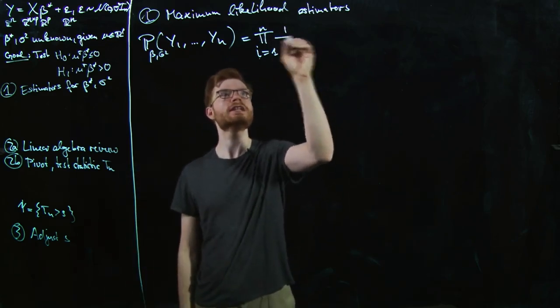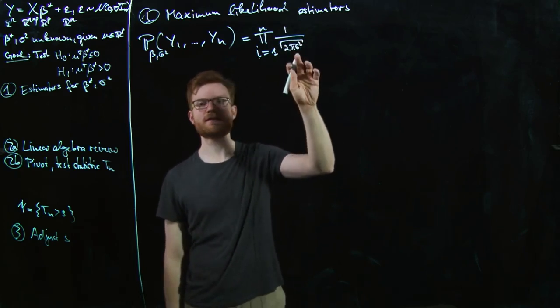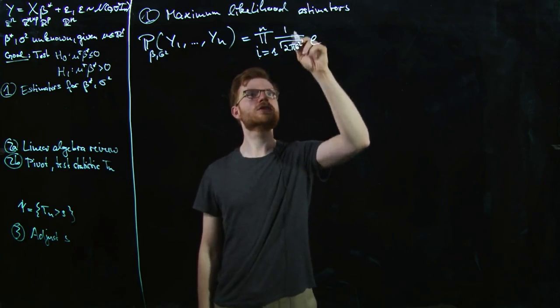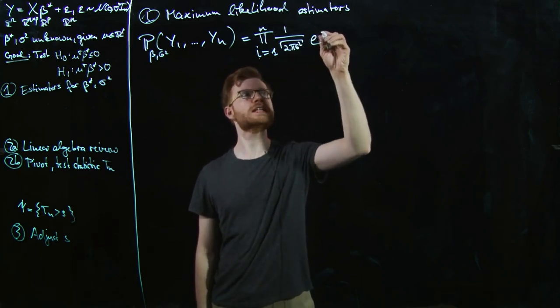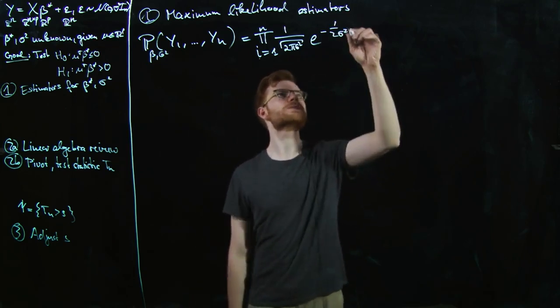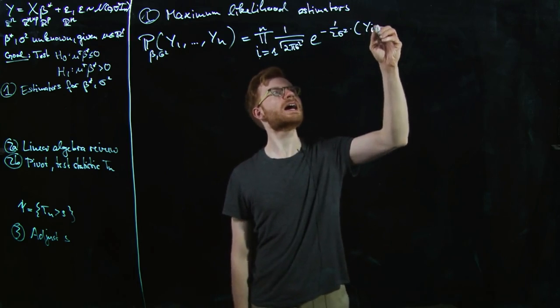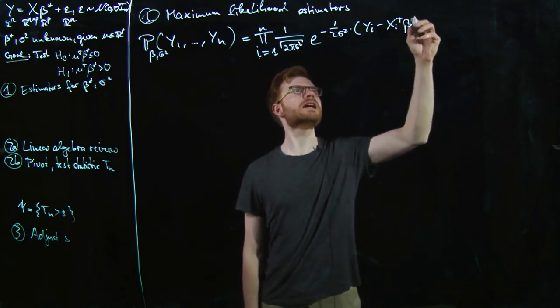So what we have here is the density of a normal distribution with variance sigma squared. So normalizing factor 1 over square root 2 pi sigma squared, e to the minus 1 over 2 sigma squared, and then yi minus xi transpose beta squared.